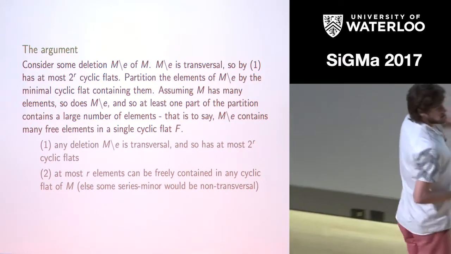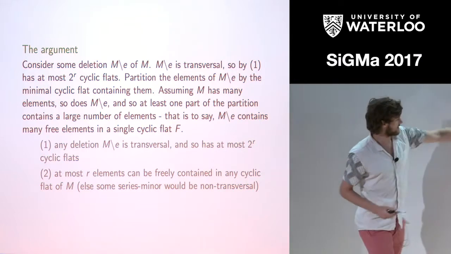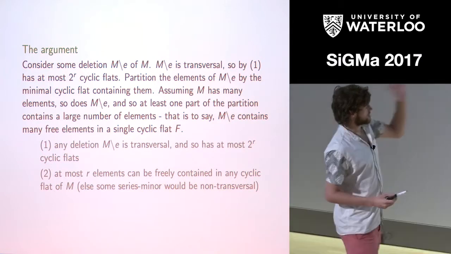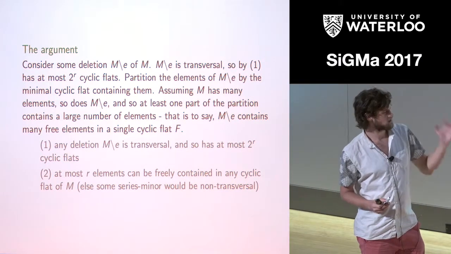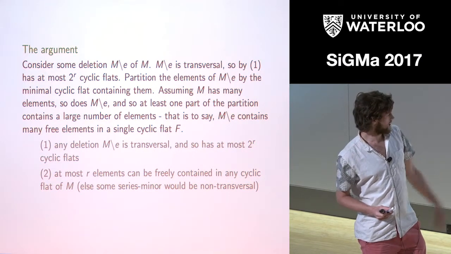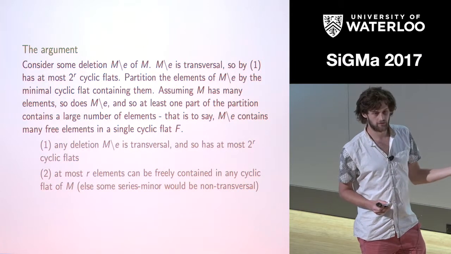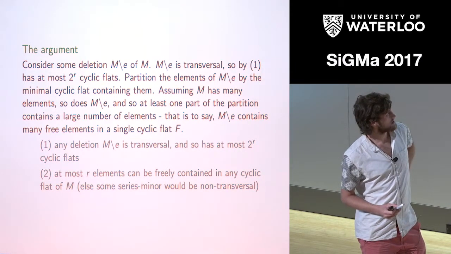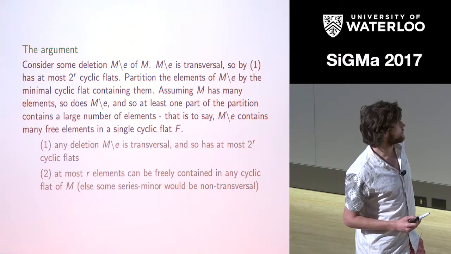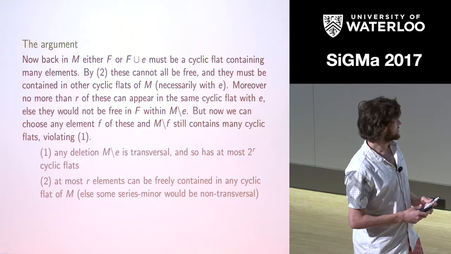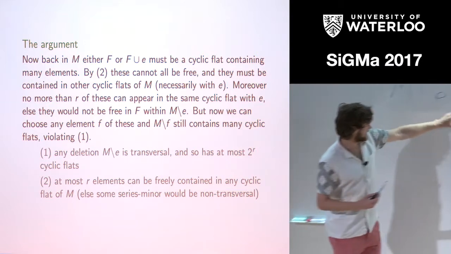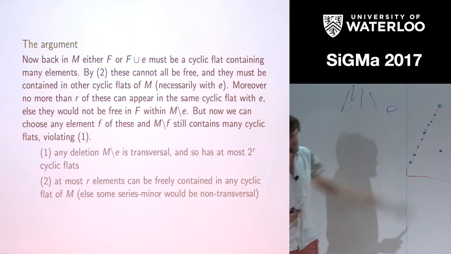Now, if we imagine going back up to M, we've got this cyclic flat F here with a lot of elements in it, and you might think there's going to arise another cyclic flat in M. It will still have a lot of free elements, so that's going to contradict condition 2. There's one way that we can avoid that, which is that as we add back in E, it is then contained in lots of cyclic flats with various elements of these.